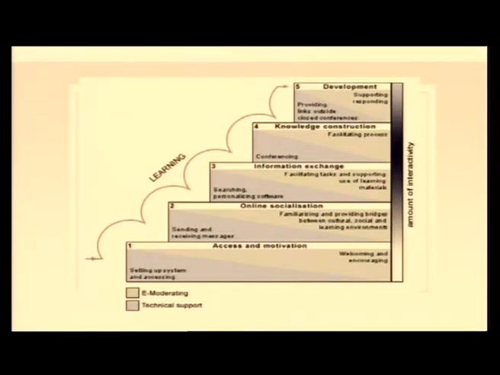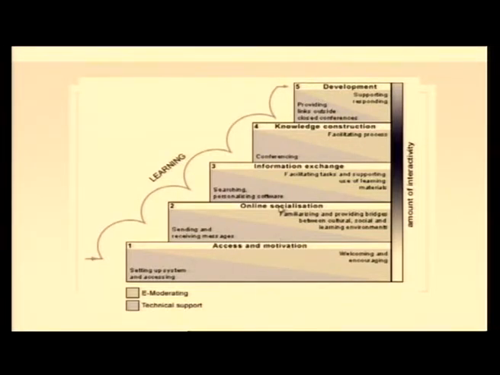The light blue space indicates technical support at each stage, stage 1, stage 2, stage 3, stage 4, stage 5, and the e-moderation takes place and technical support takes place. As you will gradually see, both e-moderation and technical support are wide and much more in terms of percentage, even if quantitatively expressed, at the beginning stage of access and motivation.